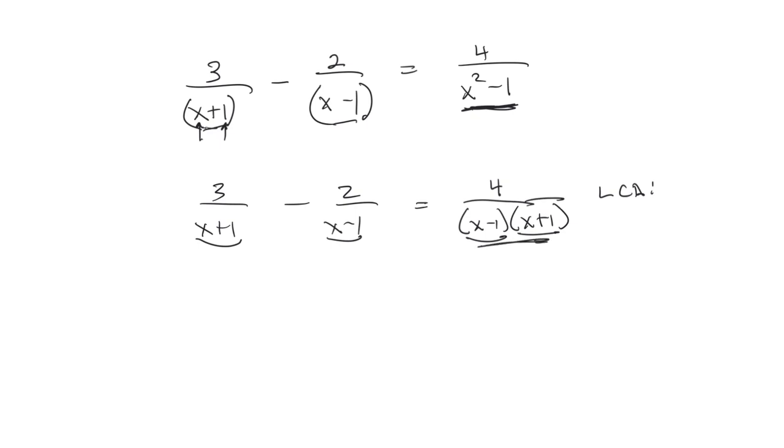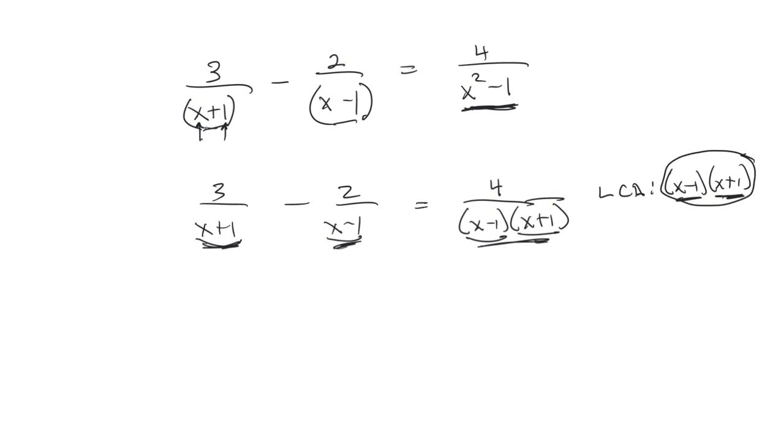Basically what I do is I pick the biggest one, so x minus 1. It has to include both of those. And here, x plus 1, I already have that, so I don't need to include it again. This one, x minus 1, I already have that, I don't need to include it again. So this would be my lowest common denominator.